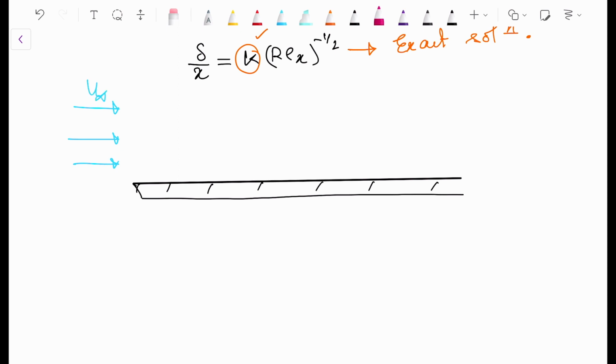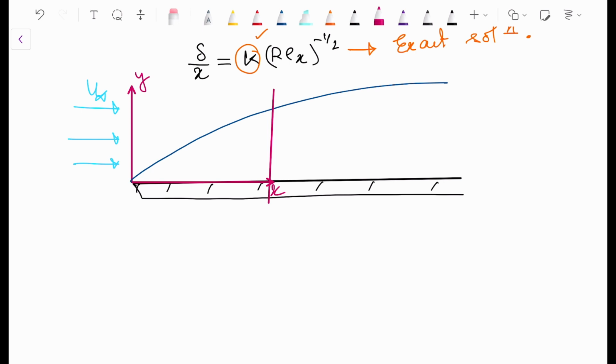Let us first choose our coordinate system like this: this is x, this is y, and the boundary layer is forming like this. So at any section we have a particular boundary layer thickness. So the velocity profile at this section can be given like this.